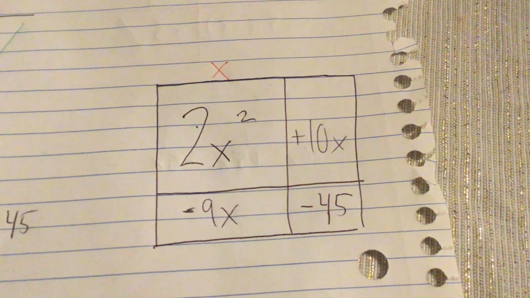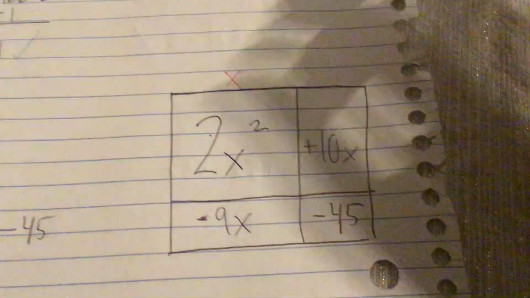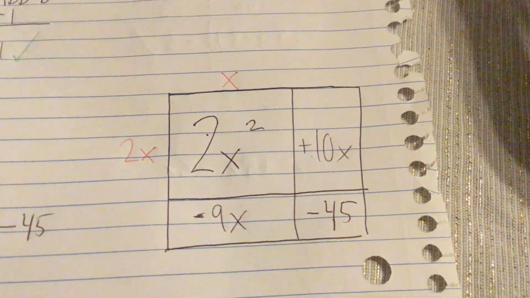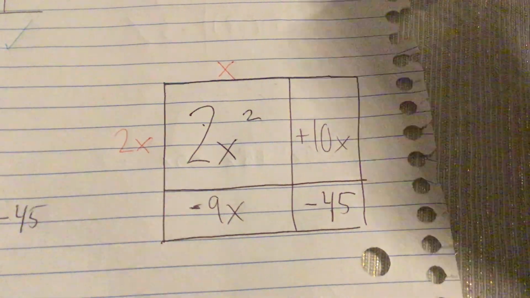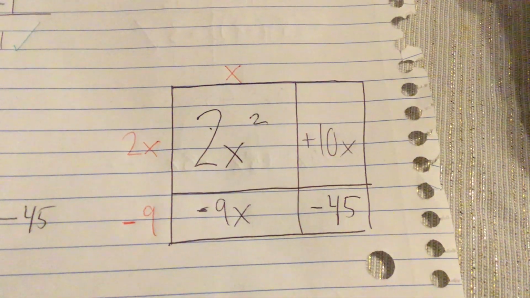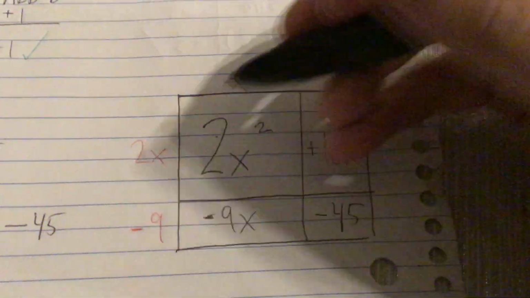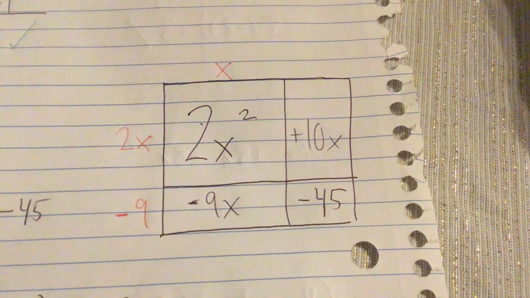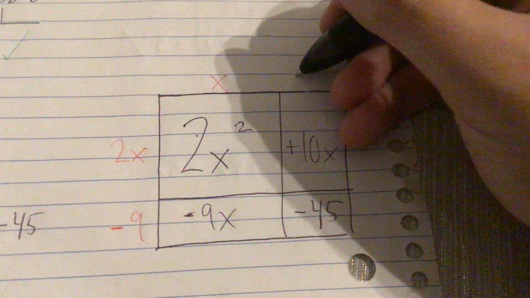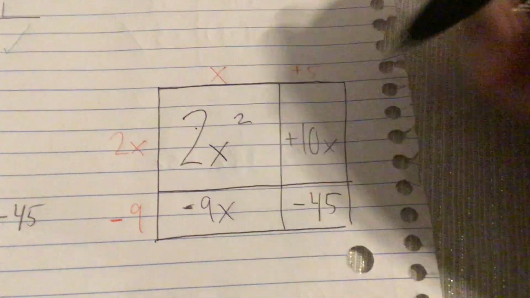X times what is 2x squared? X times 2x is 2x squared. X times what is negative 9x? X times negative 9 is negative 9x. 2x times what is positive 10x? 2x times positive 5 is positive 10x.